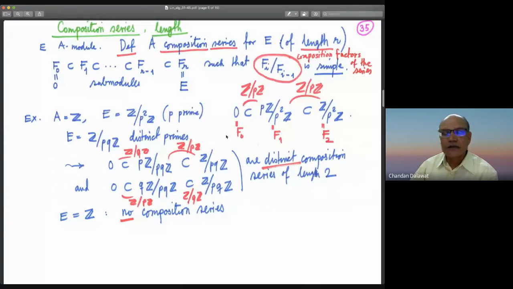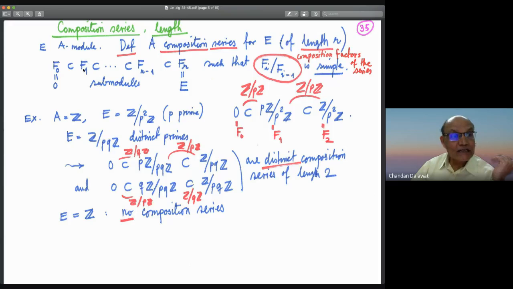Okay. So let's come to this notion of a composition series. What is that? So I'm given an A module E. A composition series of length R is a sequence of submodules of E. So the first submodule is F0, and it should be equal to 0.